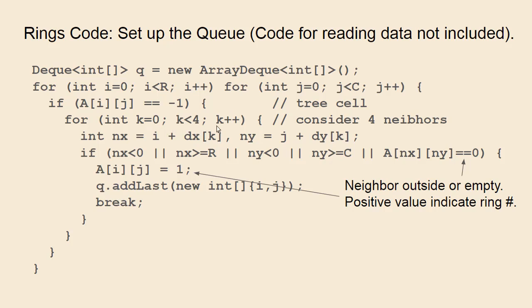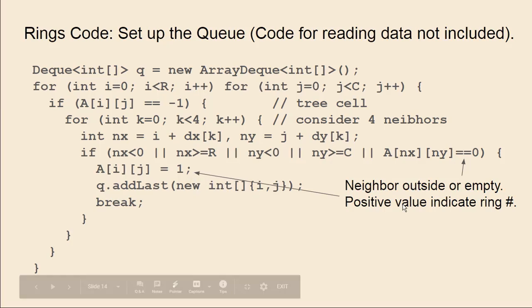So we loop through all the 4 possible directions to move, and then we compute the neighboring cell's index. If the neighboring cell is outside the box, then that means the cell ij is actually on the border.